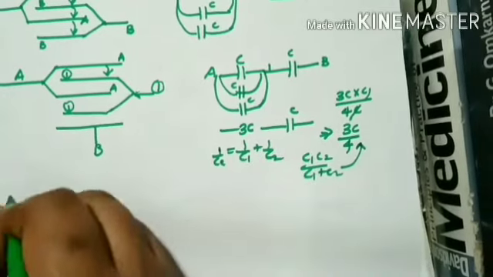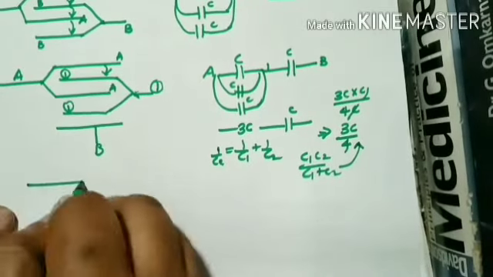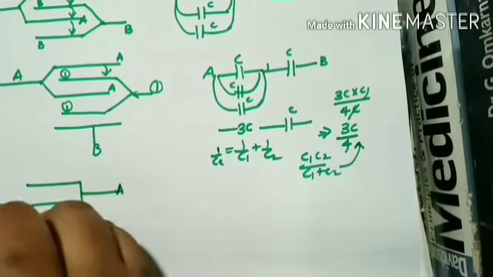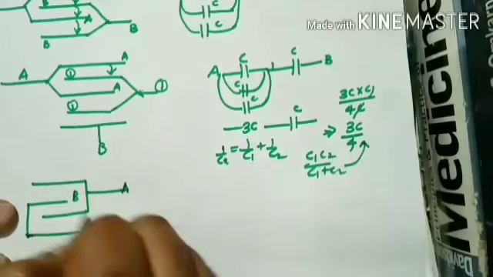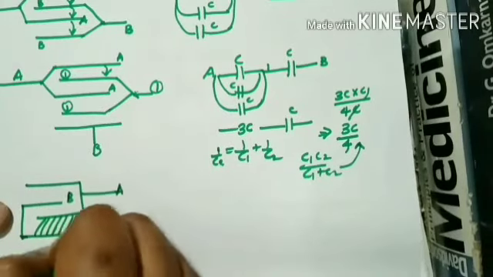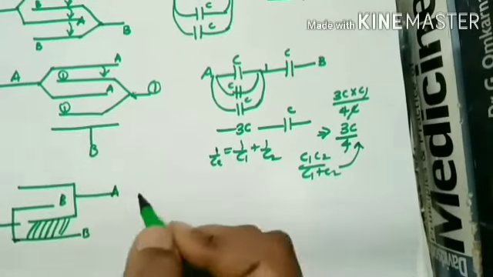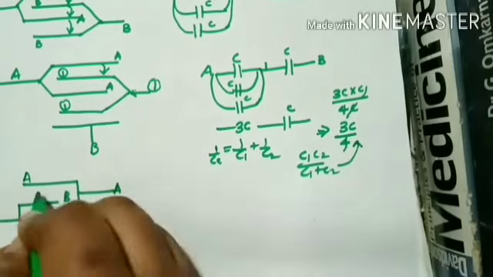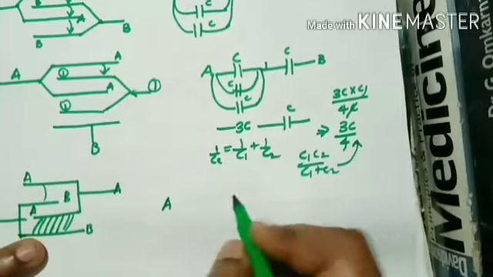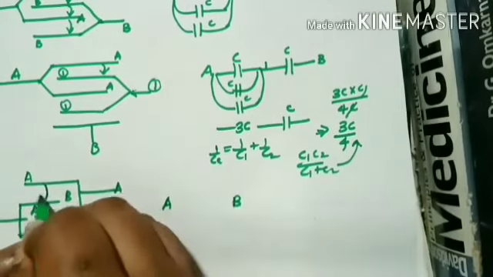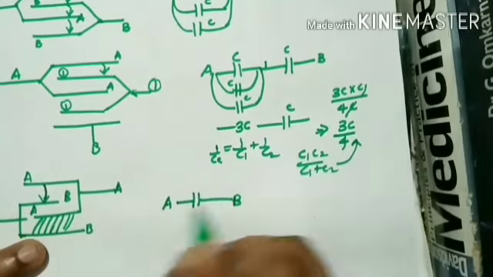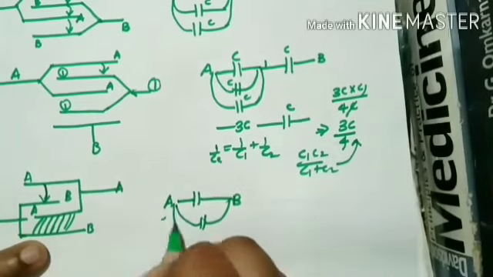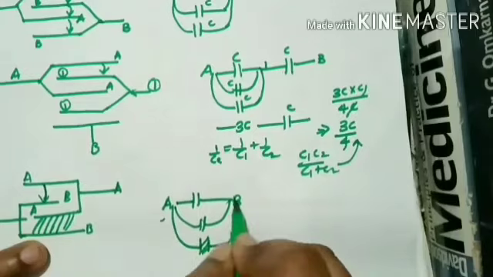Now what happens? The circuit is a little bit altered. We are given a circuit like this. This is A, this is B, but here there is a dielectric medium. This is B and this becomes A. I'm not going to repeat it, guys. Now I write A and B. So I move from A to B capacitor, then B to A capacitor, then again A to B a capacitor, but there is a dielectric medium.